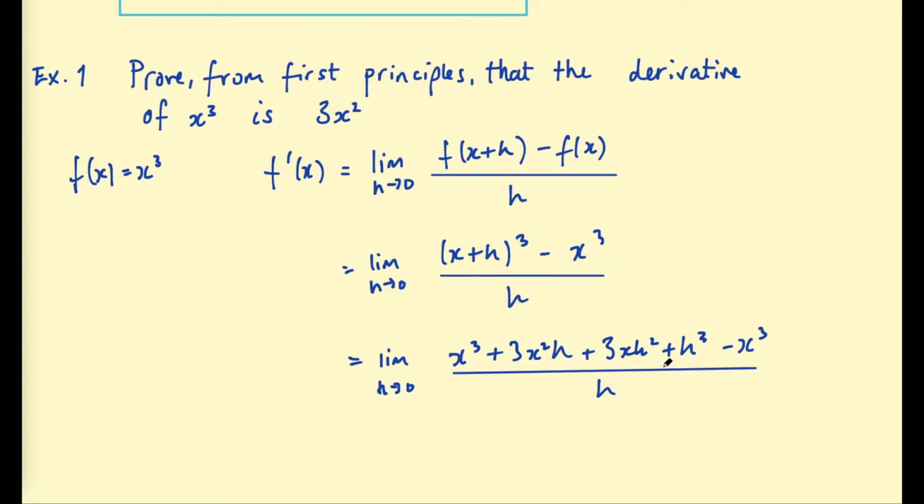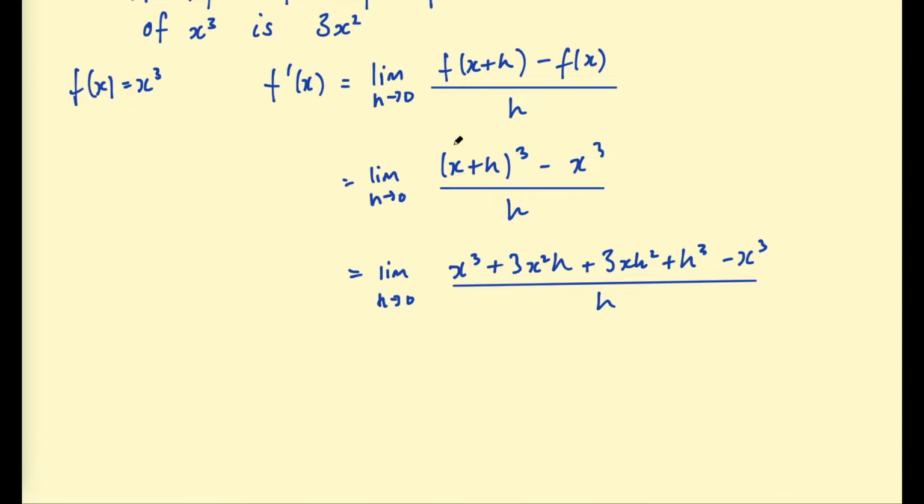And then let's see what we can simplify. So we've got a positive x cubed and a negative x cubed. They're going to cancel. Then on the top line, let's factorize out an h from each term. So we're going to have the limit as h approaches 0. Always remember to include that.